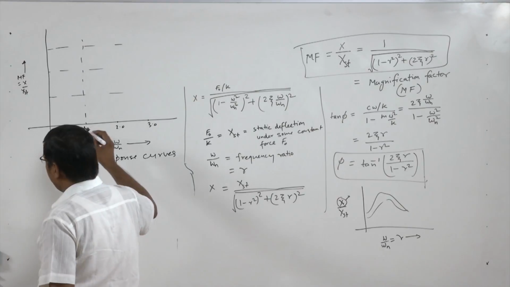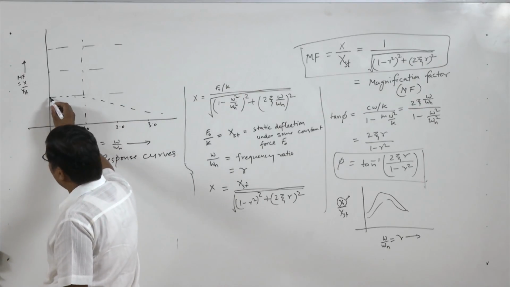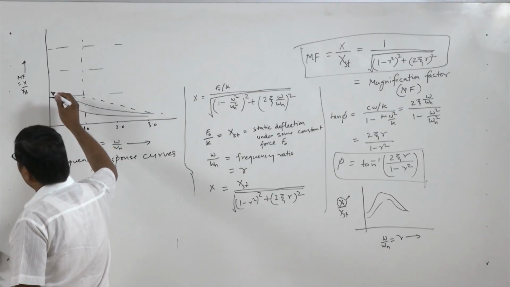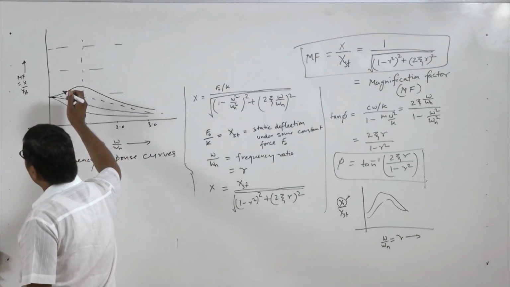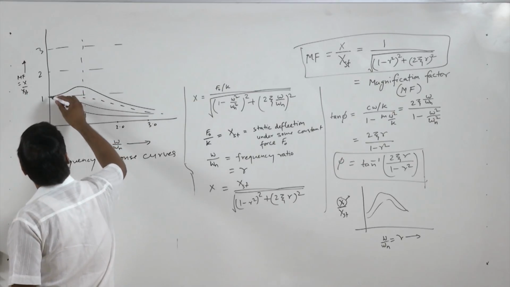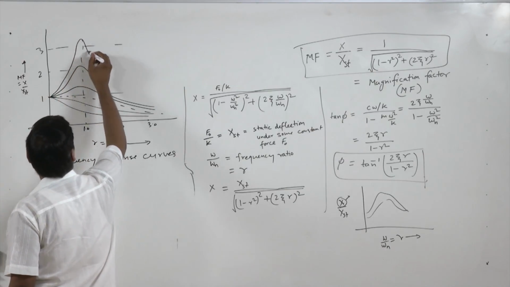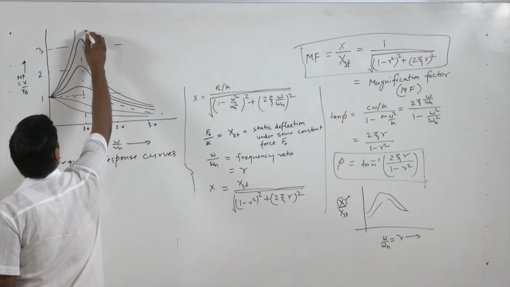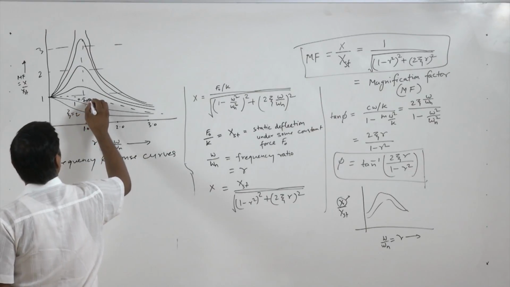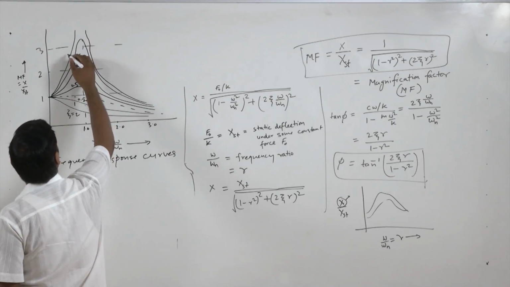So here we have zeta equal to 2, 1, 0.7, 0.5, 0.25, 0.125, and then zeta equal to 0.